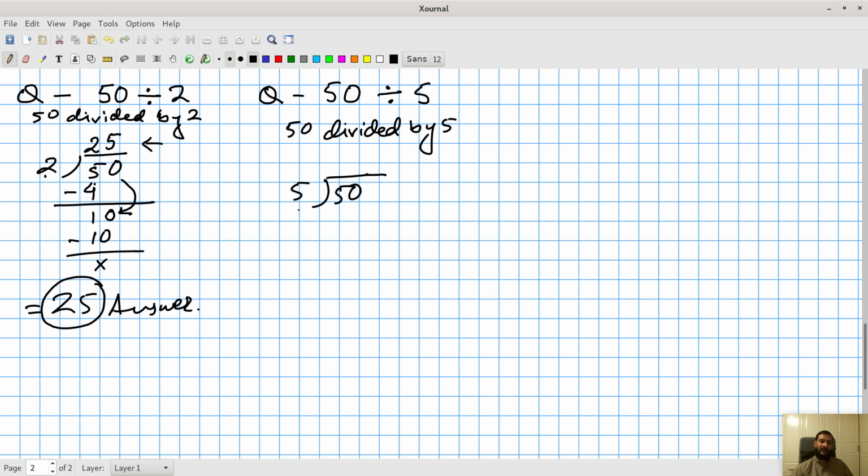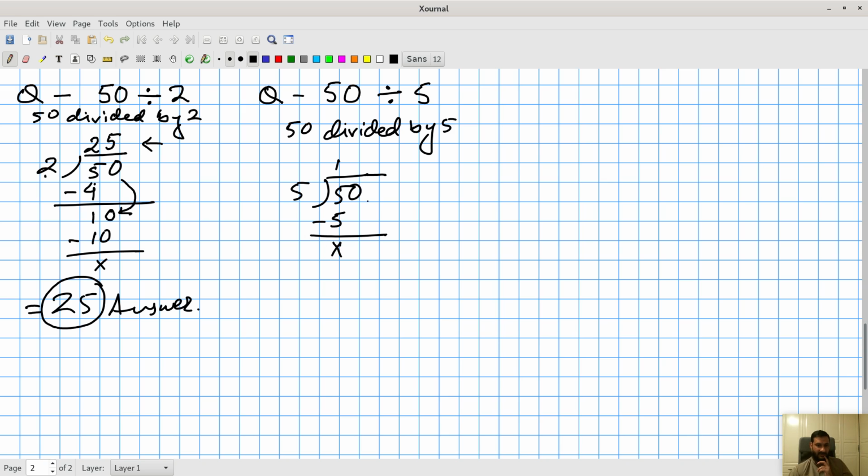Same principle. Single digit, we check, we pick up the single digit from inside, we compare. Is this number inside greater than or equal to the divisor? Well, it is at least equal to the divisor, so 5 1s are 5. We subtract them, this column only, we get nothing left.